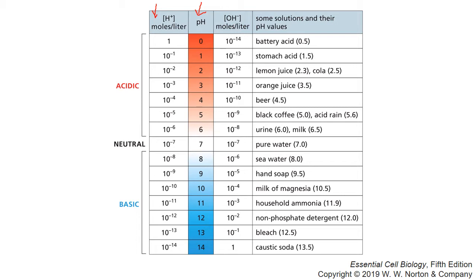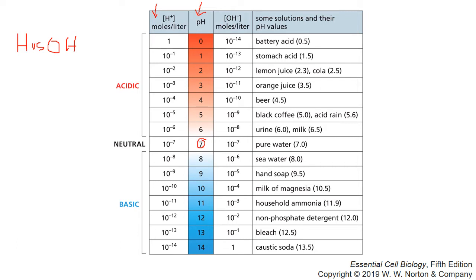And what we're going to find out is that as the scale goes from 0 to 14, the amount of hydrogen starts to decrease. And it's all about the fact that we are trying to use the relationship between the hydrogen versus the hydroxide to explain the pH of the solution. So let's start with the easy one. Let's start with the number 7. That's right in the middle of the solution.